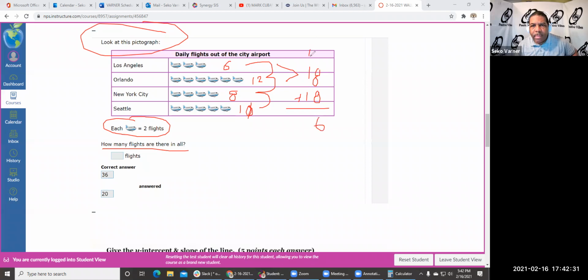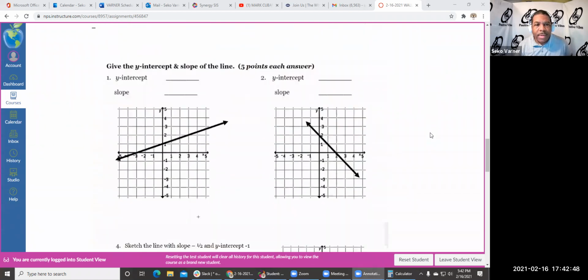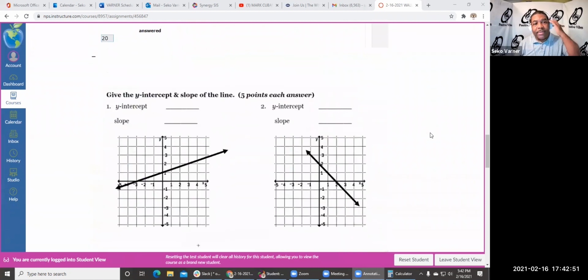Carry my 1. 1, 2, 3. So I have 36, and the correct answer is 36. This one said, how many flights are there in all? Key thing is you really had to make sure you read the question to find out what they wanted you to do.